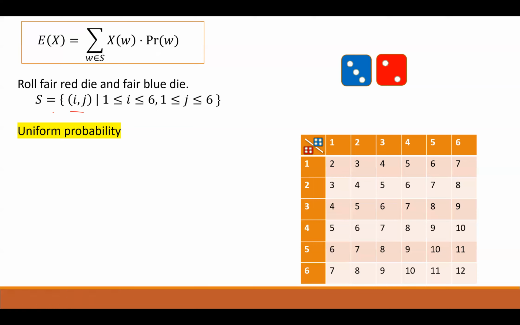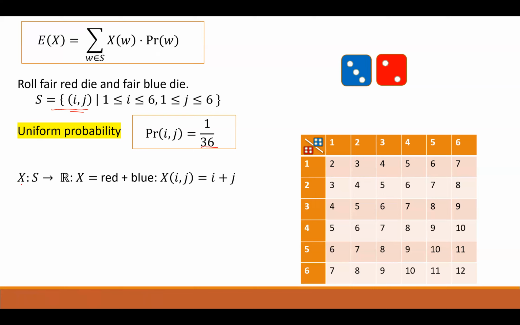We have a sample space where we roll a red die and a blue die, and each of these outcomes has uniform probability, so each of them has probability 1/36. We can map that to a random variable x, where x is equal to the sum of the two dice, a very natural random variable to define. So x is equal to i plus j.